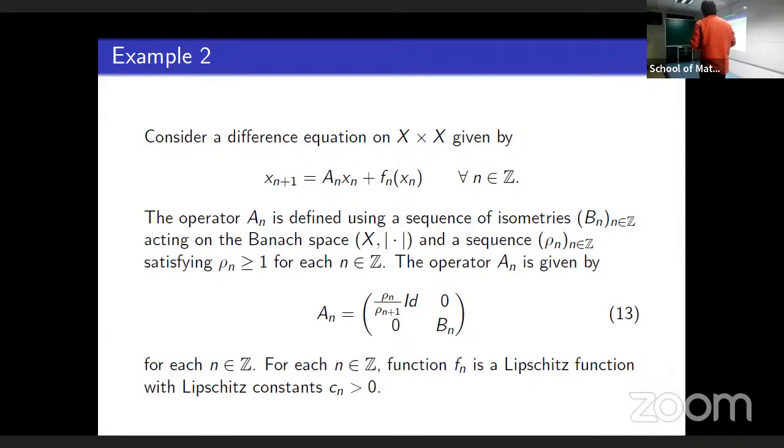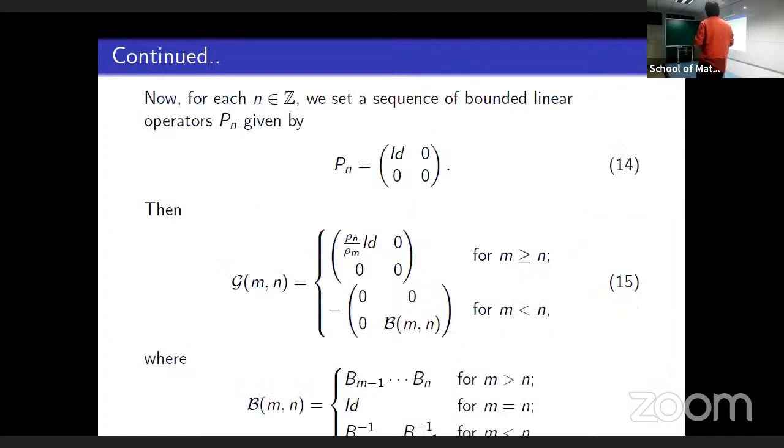The other entry is an isometry on X. So for these An's, we can evaluate our associated family, and then for the choice of bounded linear maps Pn, we choose a constant sequence where the first diagonal entry is identity and the others are 0.